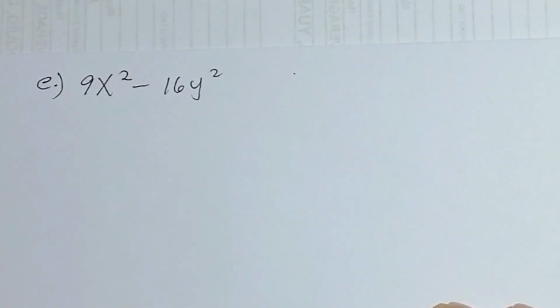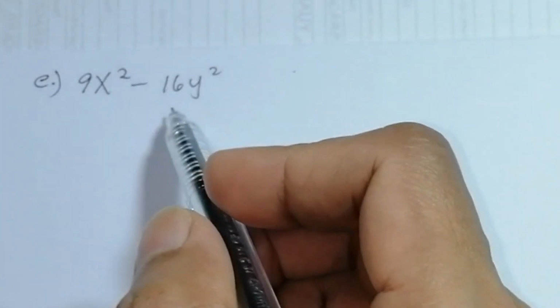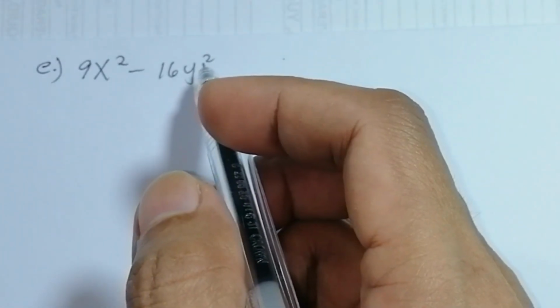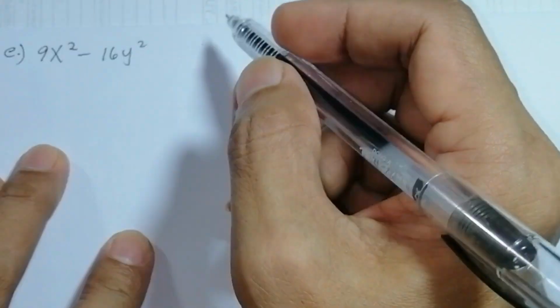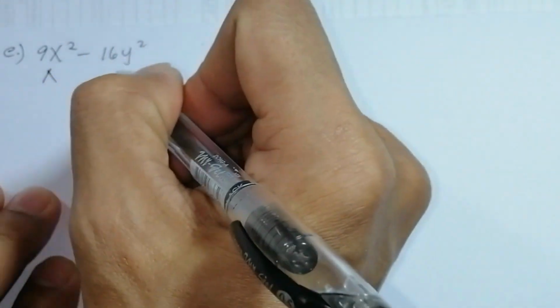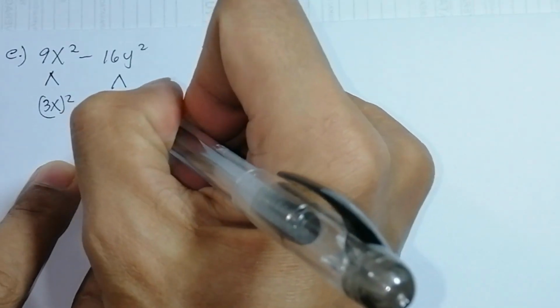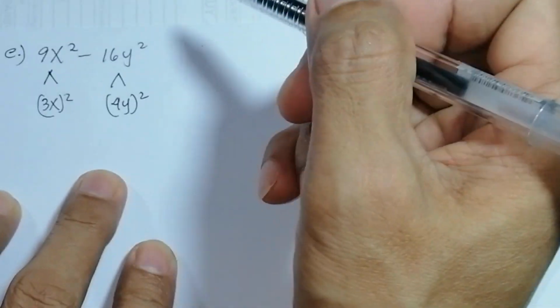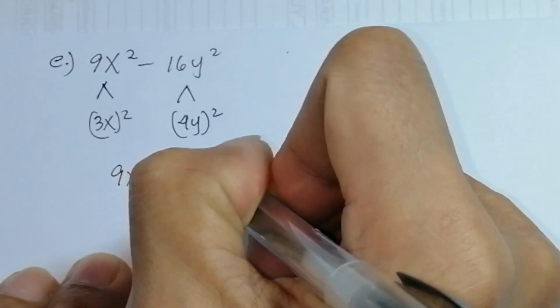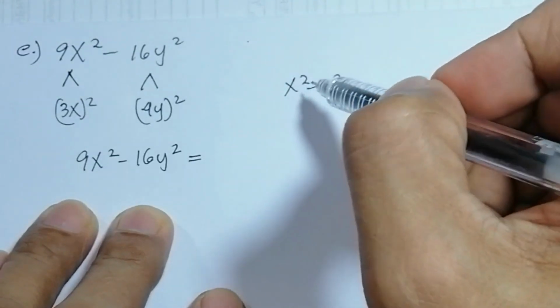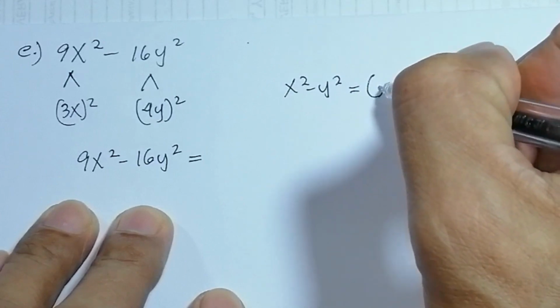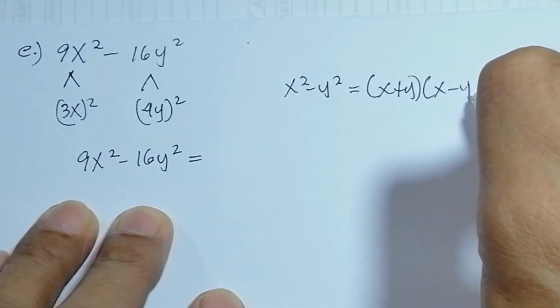Okay, the last one, we have letter E, 9x squared minus 16y squared. So we are in the form of a binomial, using the difference of two squares. So first, we're going to get the factors of this. So this will be 3x squared and 4y squared. Okay, so using the difference of two squares, 9x squared minus 16y squared is equal to, using this formula, the difference of two squares, x minus y.